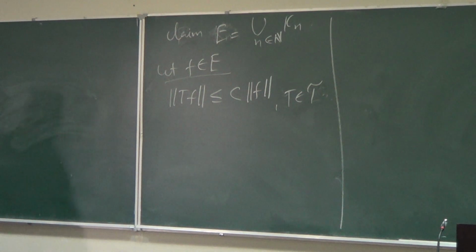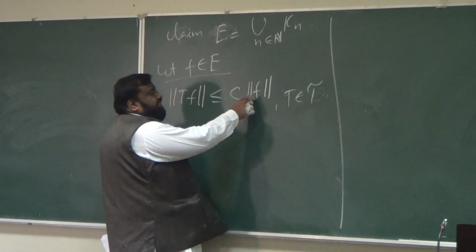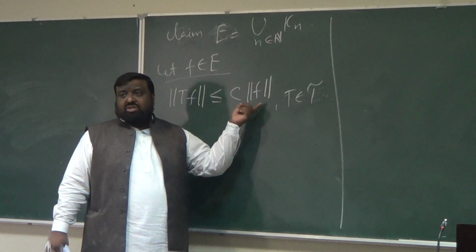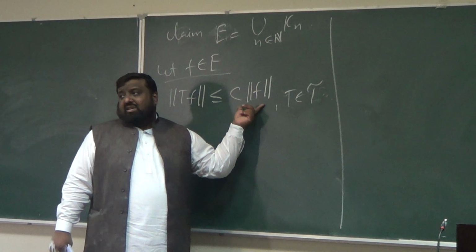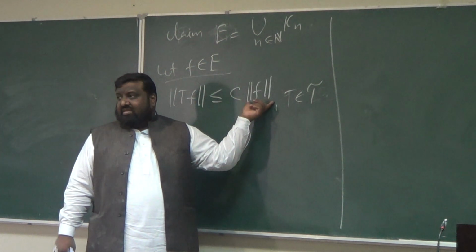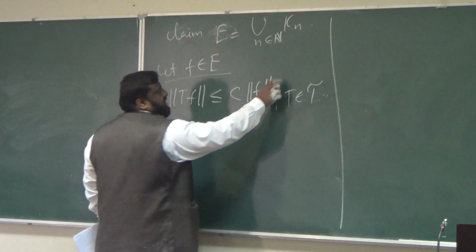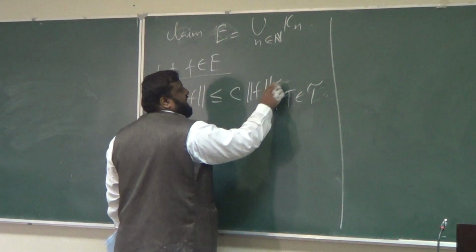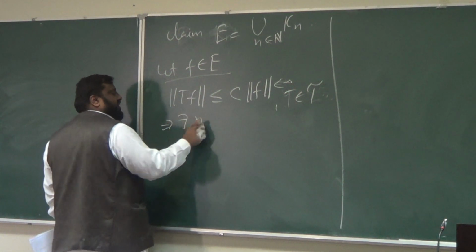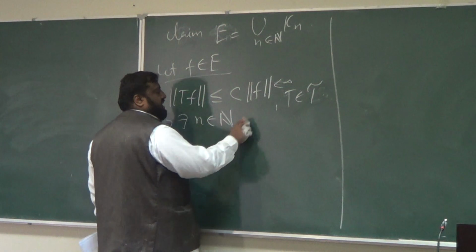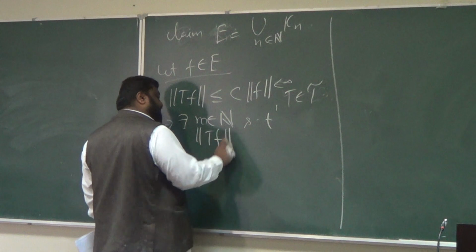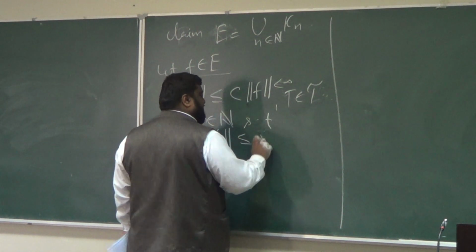Now here's the question. Since F is in E, it's a finite quantity, so C is also a finite quantity. Then I can always find a natural number which is bigger than or equal to this. So since these both are finite quantities, I can always find a natural number n such that the norm of Tf is less than or equal to n.